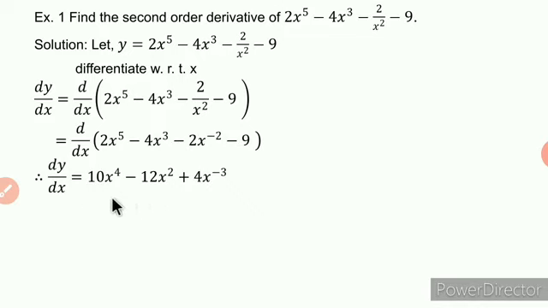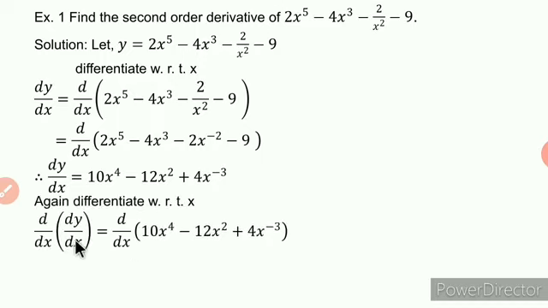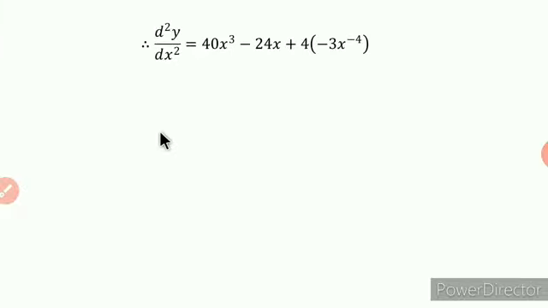Now we observe it is again a differentiable function of x. So again differentiate with respect to x. We get d by dx of dy by dx is equal to d by dx of 10x raised to 4 minus 12x square plus 4x raised to minus 3. Now differentiating each term, here in LHS the derivative of dy by dx with respect to x is d square y by dx square.